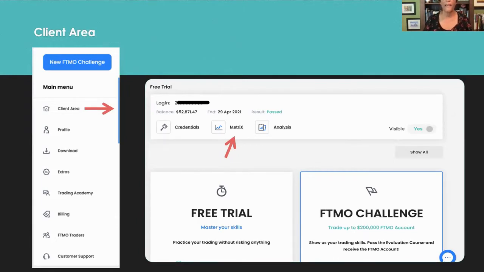So at the very end of the trial or the challenge, whether you win or not, whether you pass or not, you will receive an analysis of how well you traded and what areas you can improve on. And I found this very, very helpful.